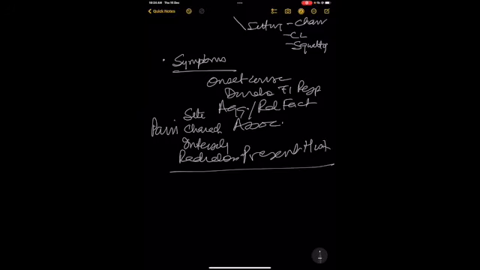Then by this story, you try to build up a provisional diagnosis which says site of lesion, nature of lesion, cause, effect, and association.